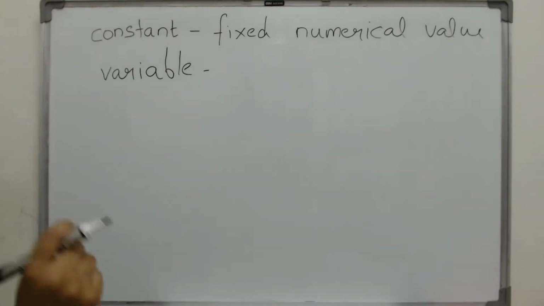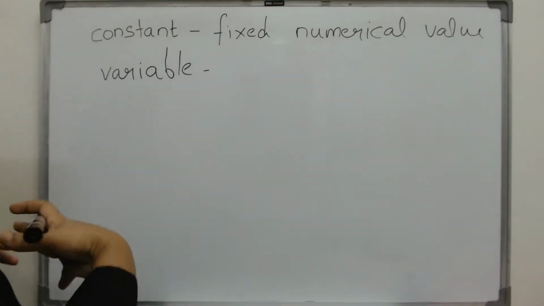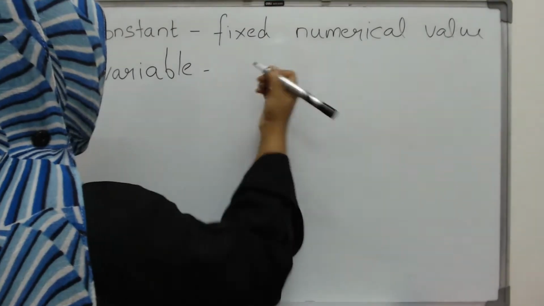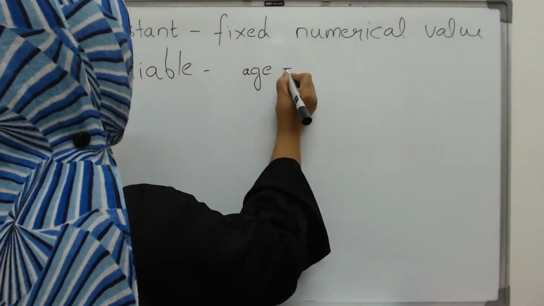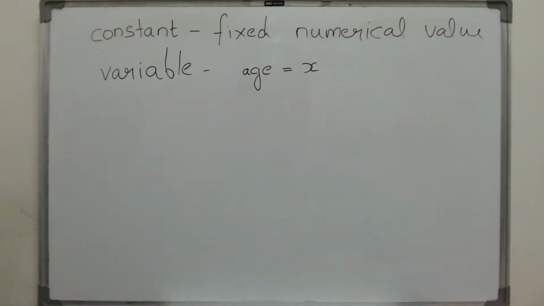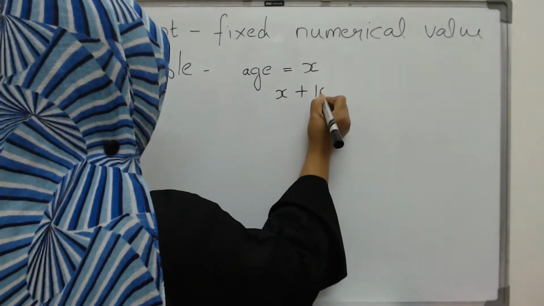Now, what if I assign a letter, an alphabet, to my age or to any variable, anything that changes? For example, my age keeps on changing, right? So what if I denote my age as X? How will that help me? Instead of saying the age I will be after 10 years, I can just say X plus 10.